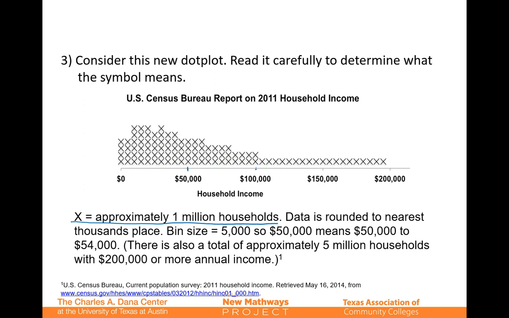Here is $100,000. That one's at 150, and this is over 200,000. It says data is rounded to the nearest thousands place. The bin size is 5,000. So 50,000 means 50,000 to 54,000.